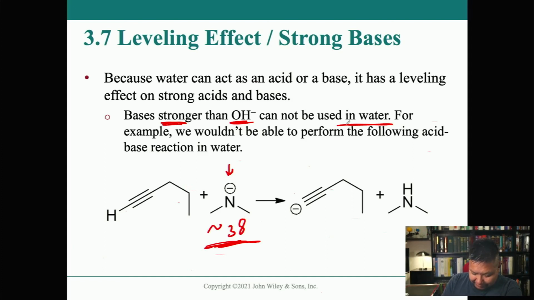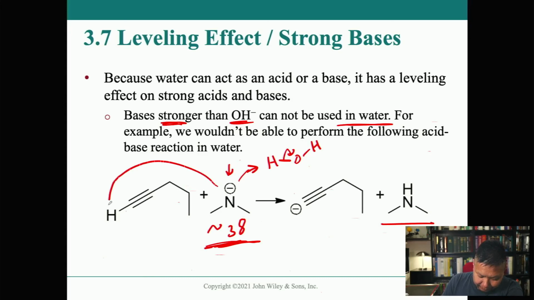Because this thing will rip off a proton off of water, like that, making the amine before it would react to pull off the proton off the alkyne, right?